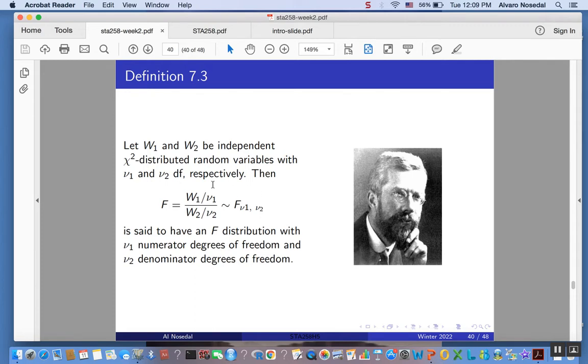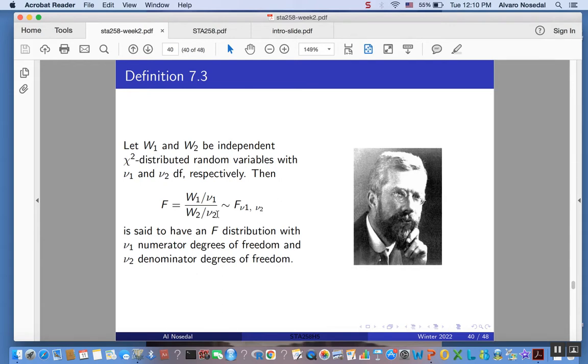What you are going to be doing to come up with an F distribution is a ratio of these chi-square distributions divided by their corresponding degrees of freedom. W1 is a chi-square distribution with nu 1 degrees of freedom, so W1 divided by nu 1, divided by W2 divided by its own degrees of freedom, nu 2. That ratio has an F distribution.